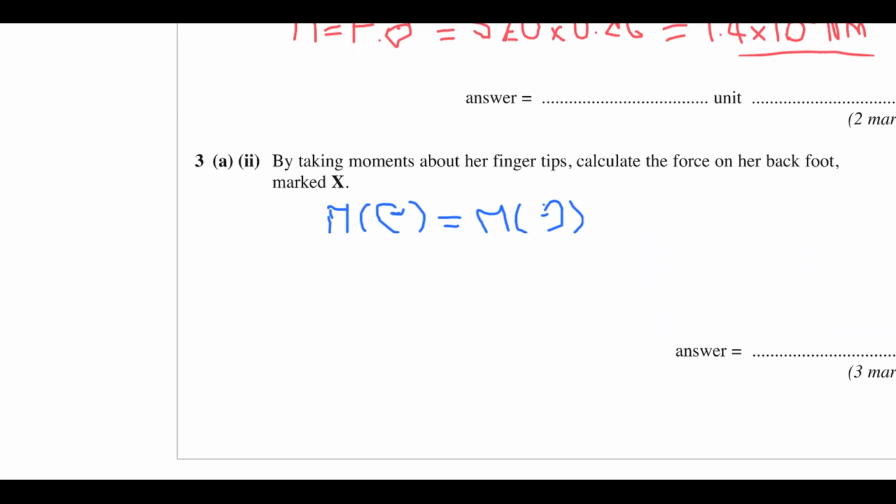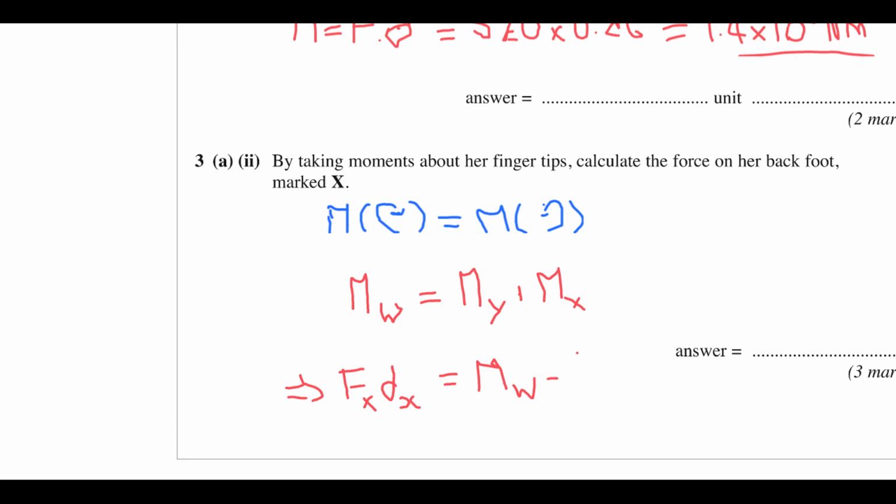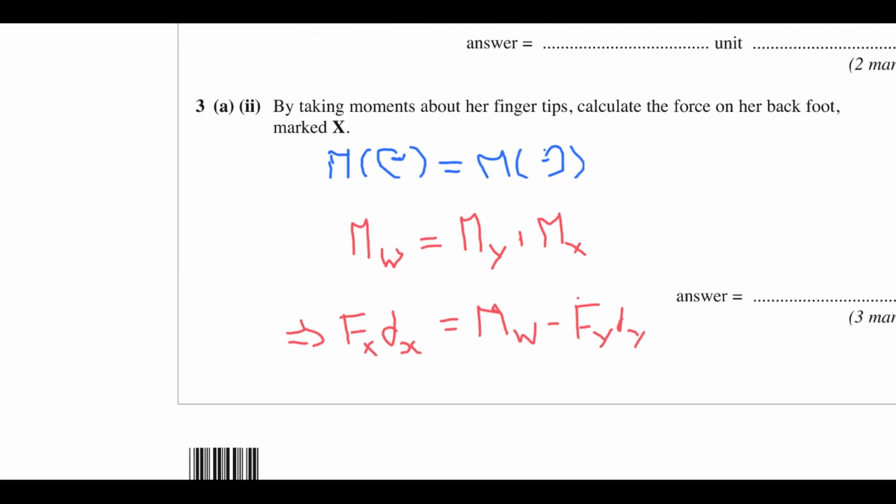So the moment of W on this side is the moment of Y plus the moment of the force at X. So the force at X times the perpendicular distance for X is going to be the moment of W, which we just calculated, minus the force of Y times the perpendicular distance of Y.